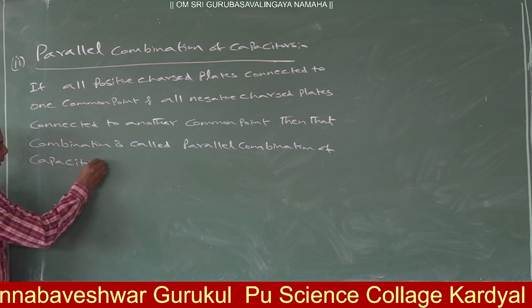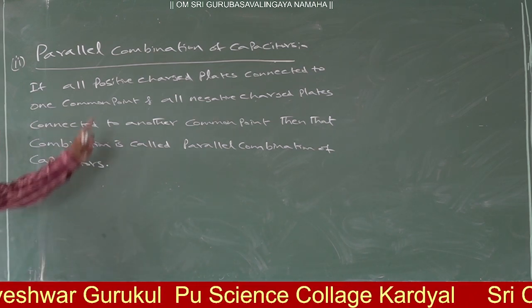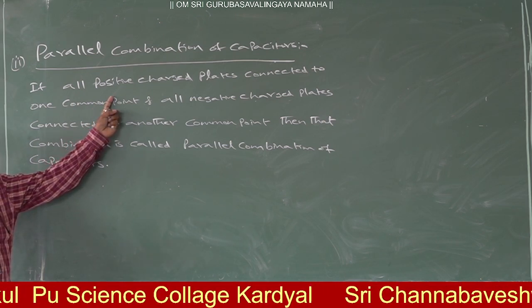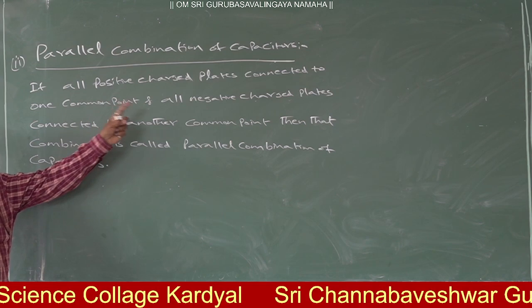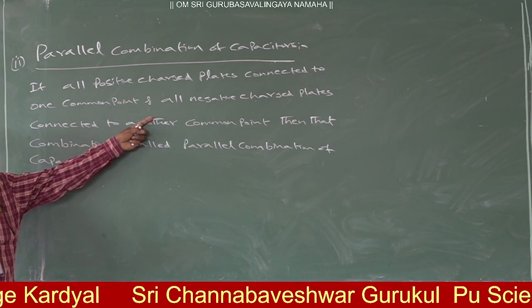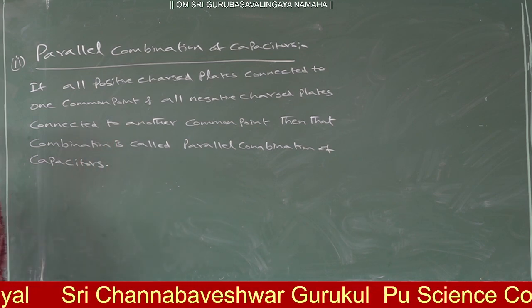What is meant by parallel combination of capacitors? All positive charged plates are connected to one common point and all negative charged plates are connected to another common point. Then that combination is said to be what?